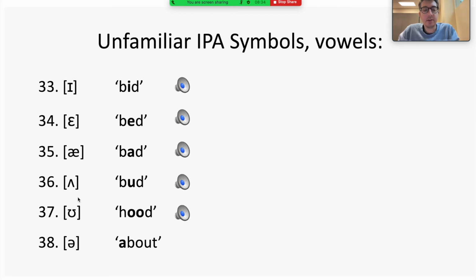This one you can call a hat if you want. This one is upsilon, or a horseshoe, and this one is called schwa. It's the shortest vowel in English, the most relaxed or lax one, which we will learn about, and it's at the start of the word about.